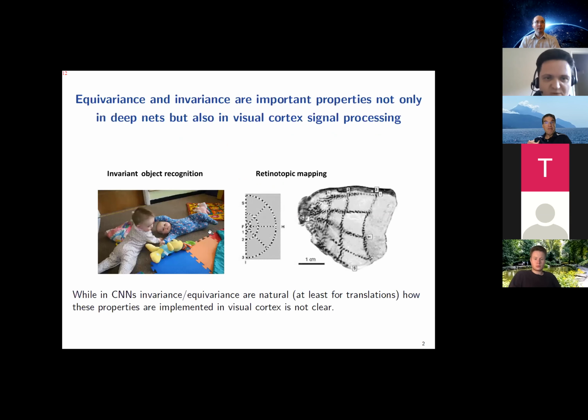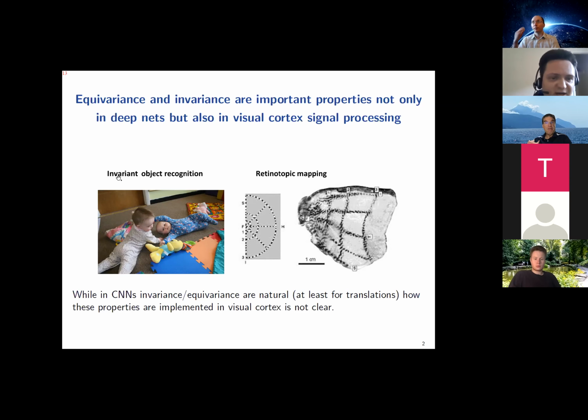As we have seen from previous talks, equivariance and invariance are really important properties for neural networks. But what I'm going to argue here, and it's not difficult to do because there is plenty of experimental evidence, is that those are important properties also in the visual cortex.